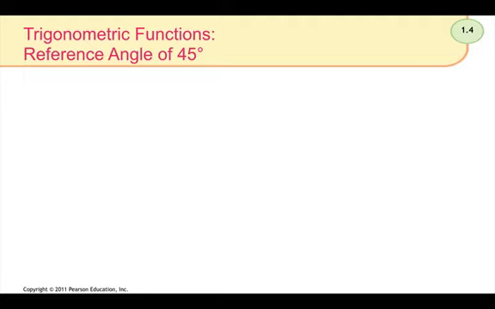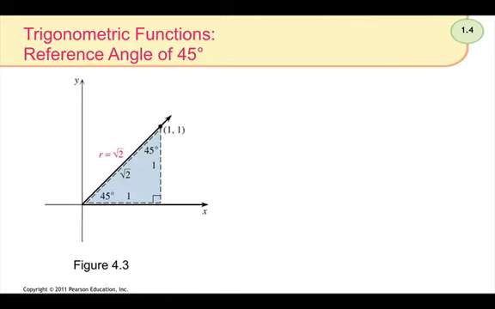Okay, trigonometric functions, reference angle of 45 degrees. Just like on the second slide, we were using the variable alpha to represent an angle. Now we're going to be looking at a specific degree measurement of 45 degrees instead of just alpha. So if I want to look at the following 3 trigonometric functions, sine of the angle 45.